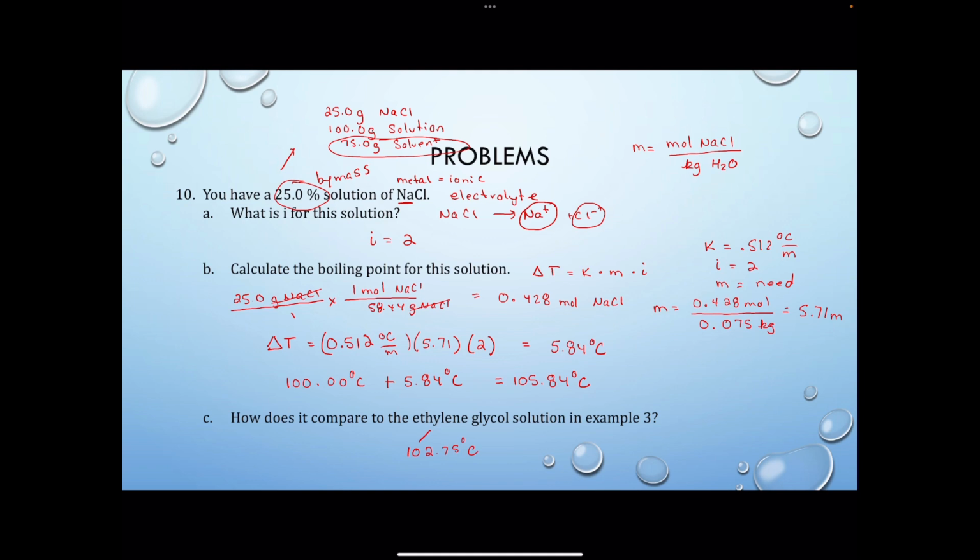If we compare our temperature change, we got a temperature change here of 5.84 degrees Celsius compared to the ethylene glycol of 2.75. We have almost double the change. But we certainly see that it's higher. So having more particles present in this solution, because we have an electrolyte, resulted in a greater change in our boiling point.